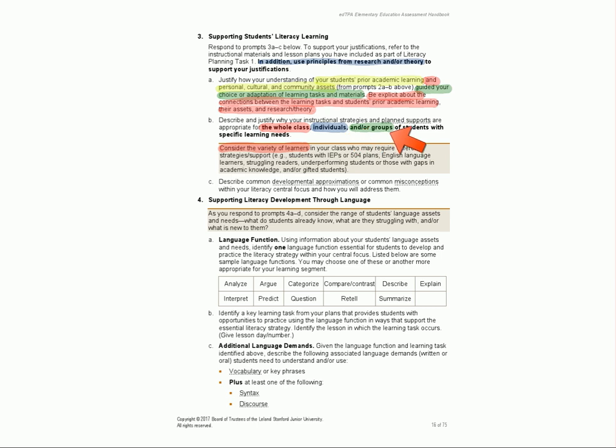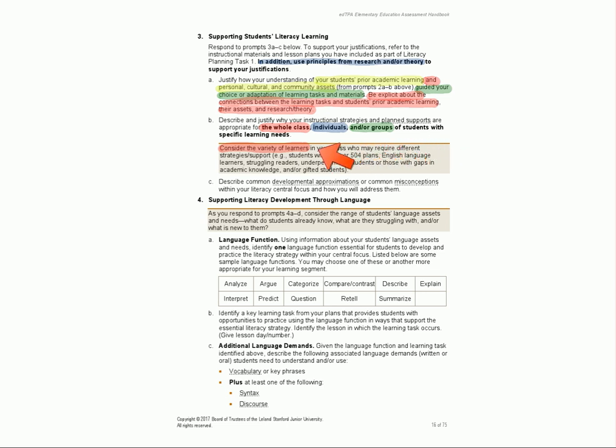This is important because you'll be looking at a group of students as part of your analysis. So you need to think about your lessons as not being just for a whole class, but setting out a whole class lesson that meets and addresses the interests and needs of all your students in all the different groups they might be in, or particular individual students.